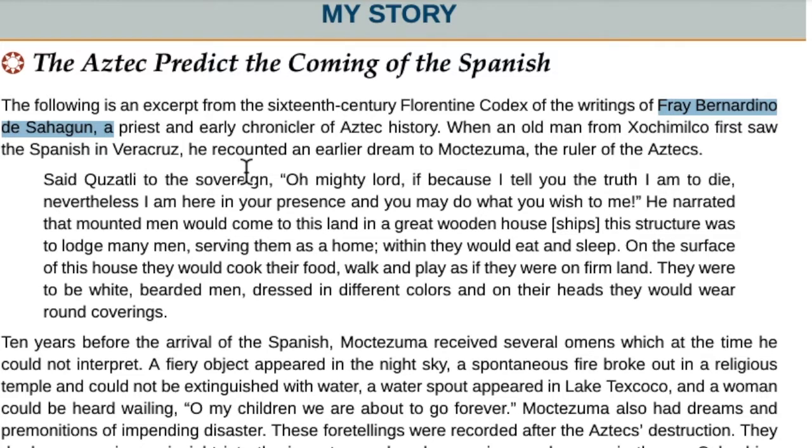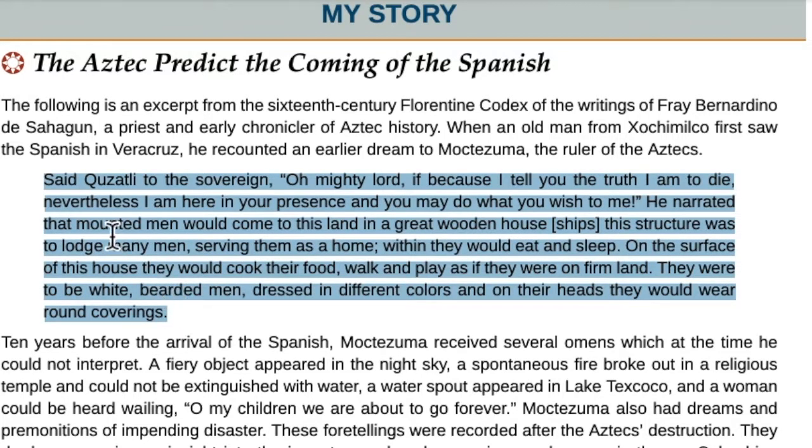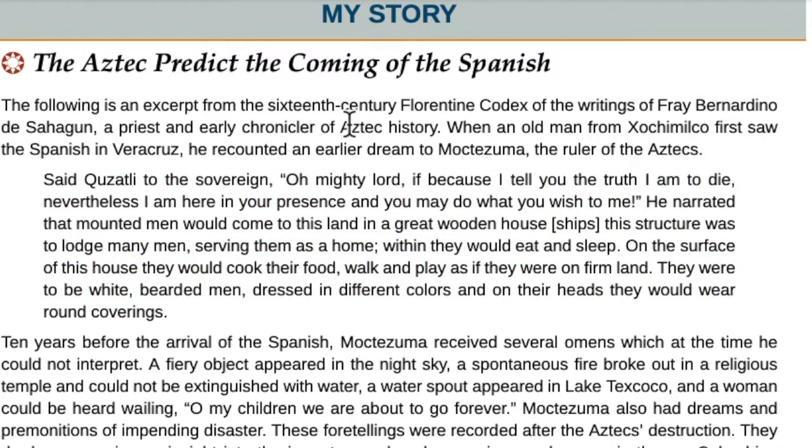Did he want to destroy the Aztecs, or did he want to protect them? So I would concentrate on this guy and not Quetzalcoatl, because we cannot be sure that this document is actually a document from the Aztecs. It is supposedly from the Aztecs, but that's simply what this man said.